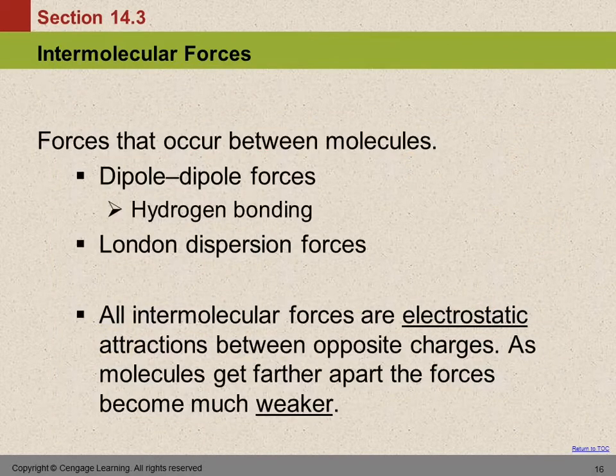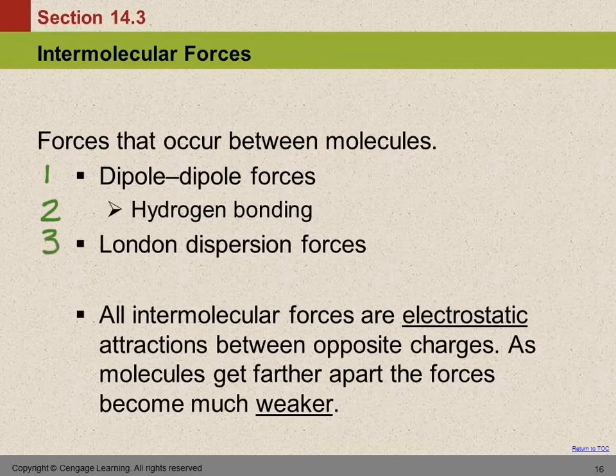There are three different kinds of intermolecular forces. So one of them is called a dipole-dipole force, and we're going to talk about what these are. A second one is called hydrogen bonding. Hydrogen bonding is actually a special subcategory of the dipole-dipole forces.